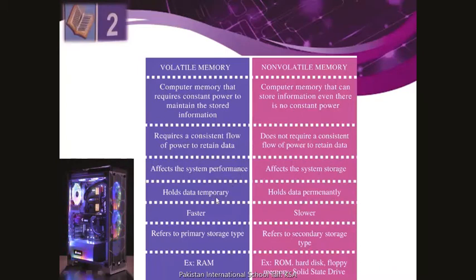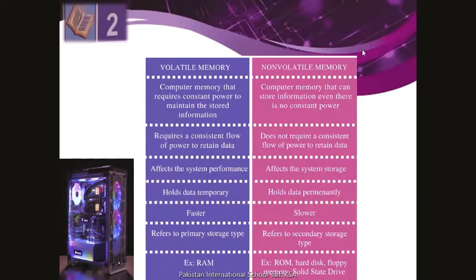Volatile memory holds data temporarily. Non-volatile memory holds data permanently. So non-volatile is a permanent storage and volatile memory is a temporary storage. When you turn off your computer, your data will wash out from the volatile memory.